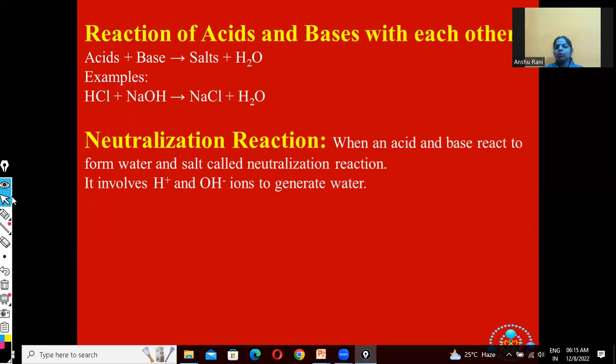At one particular point, you will get a light pink color. That is the end point of this titration. At that point, you have to stop and check how much base has been consumed by the acid. The reaction will be complete. Then you can check the concentration of the given acid, which was unknown to you.